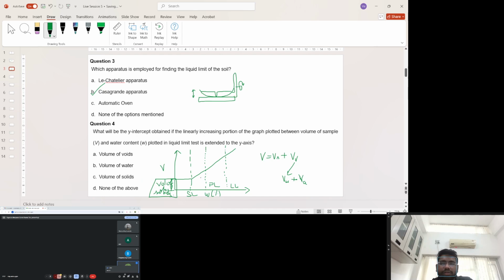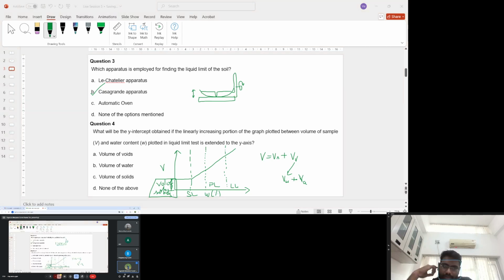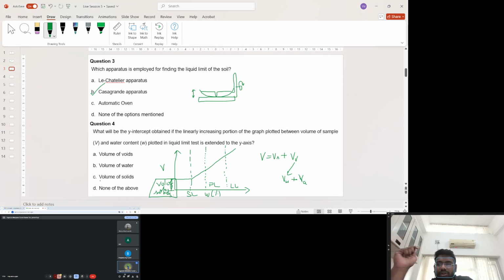Sir, you have mentioned volume of the solids at the y-axis. It is volume of solids and volume of voids. It is not the volume of the solids, sir. It is a dry volume of the sample completely.